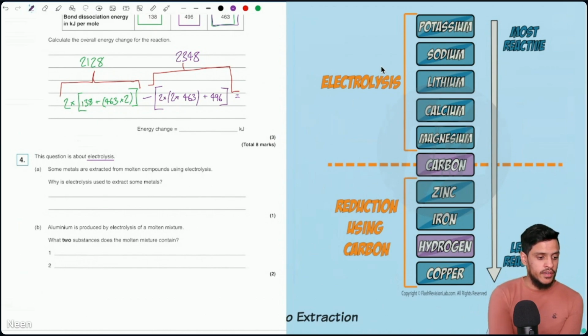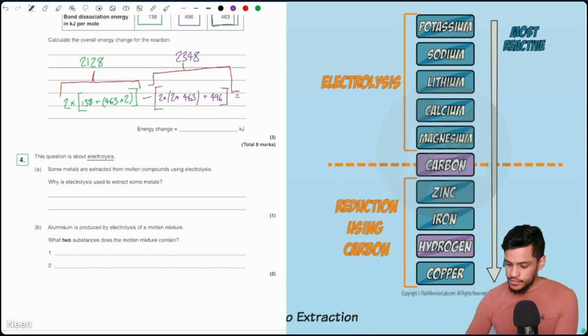Electrolysis, we do that for anything that's more reactive than carbon, because basically we can't reduce it using carbon unless it's less reactive than carbon. So these three metals, zinc, iron, and copper, hydrogen is not metal, zinc, iron, and copper, we can use reduction because it's less reactive than carbon, but all the ones above are more reactive than carbon, so you can't use it. So we use electrolysis instead.